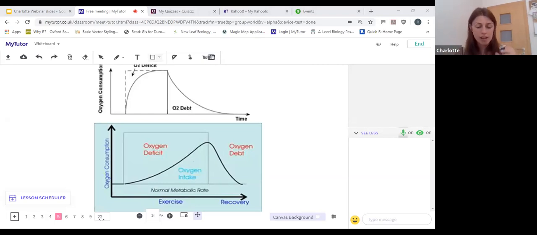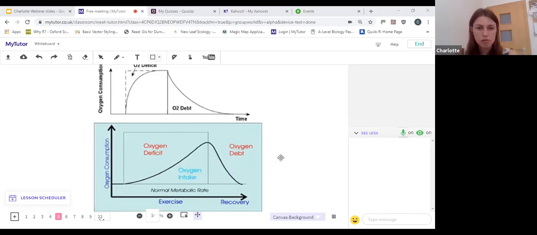So definitely recommend watching the lesson from last Friday for more detail on this, but the difference is that aerobic respiration, which is our normal respiration, uses oxygen from the air. That's how I remember it. Aerobic respiration uses oxygen from the air, whereas anaerobic respiration is when we don't have enough oxygen. So we're converting that glucose straight to lactic acid without using oxygen.